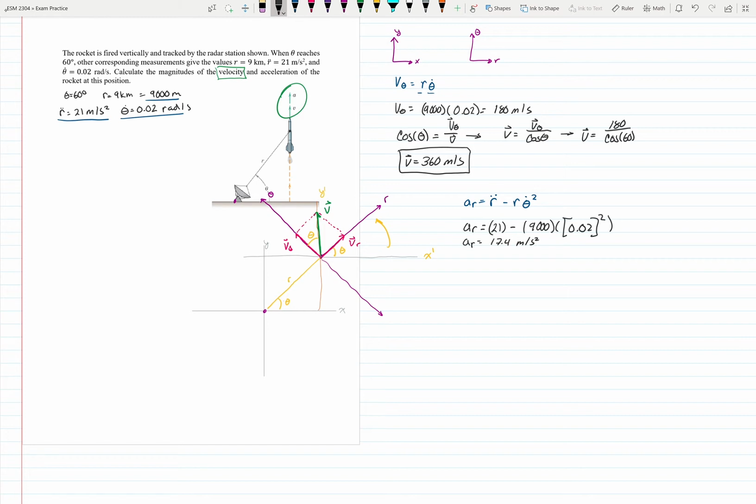Now we're not done yet. We know a r, but we want to figure out what our acceleration is. Because if we redraw this whole diagram, I'm just going to copy and paste it.